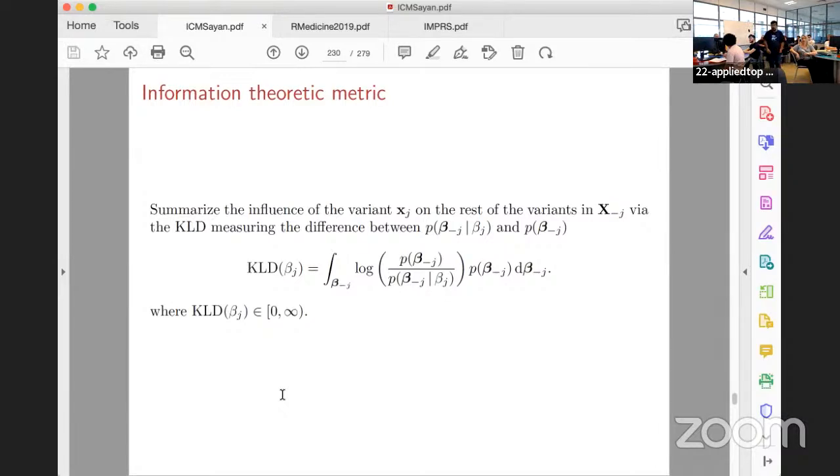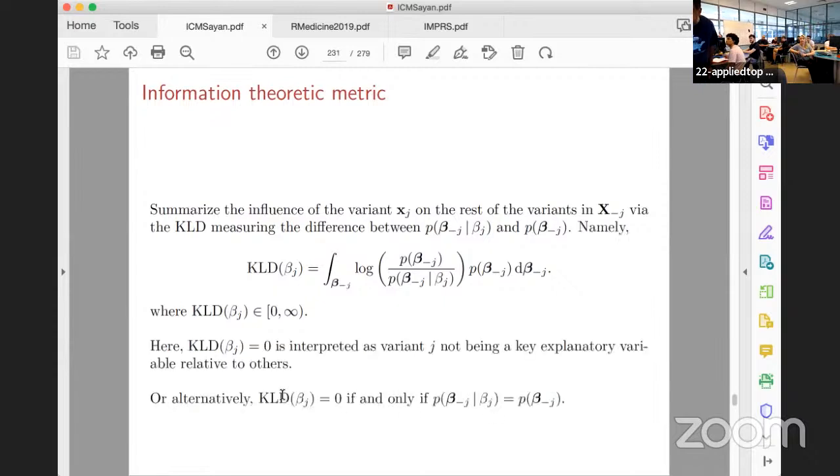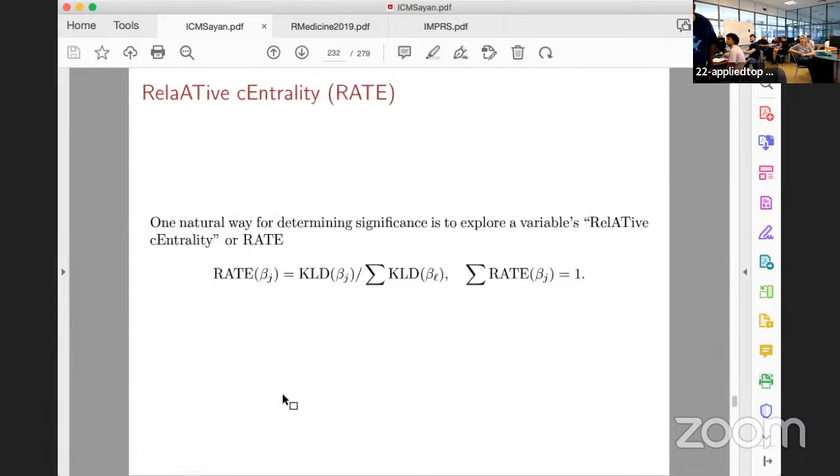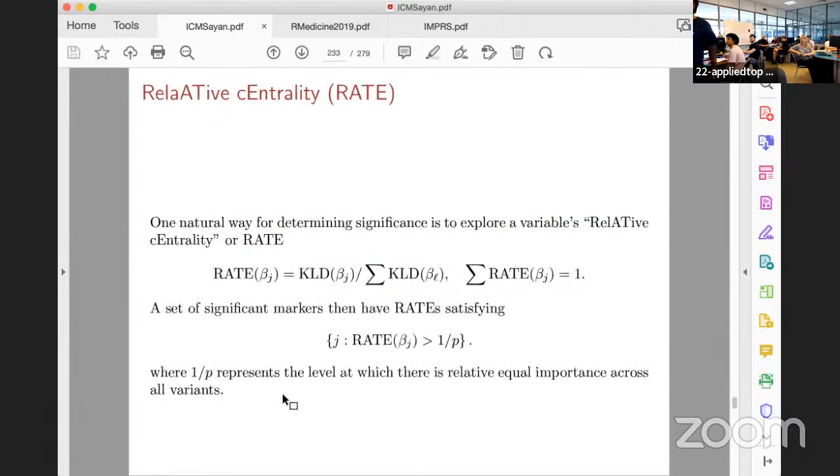So now what I can do is, because I have that structure, I can compare what happens when I take out the jth coordinate versus I integrate out the jth coordinate, marginalize it, right? And I can look at how much that changes. And that tells me in a way how relevant that jth coordinate is. Okay, and then I normalize it. And this is what we call rate. And this is how we rank each direction and height.